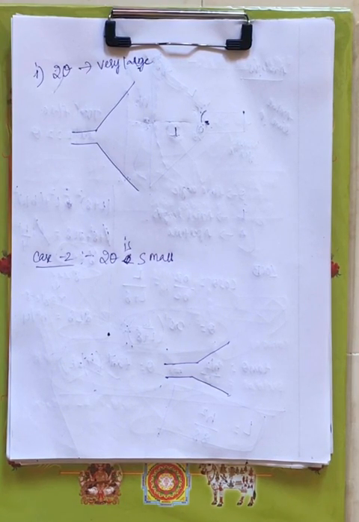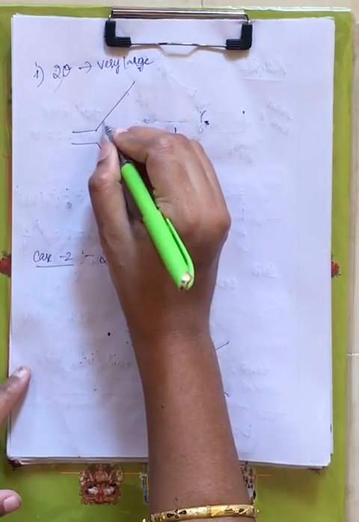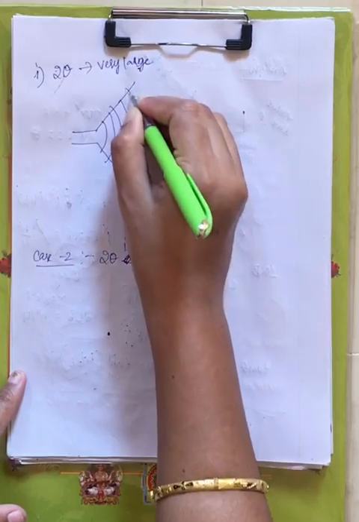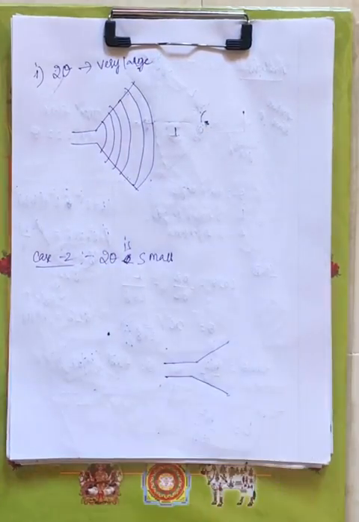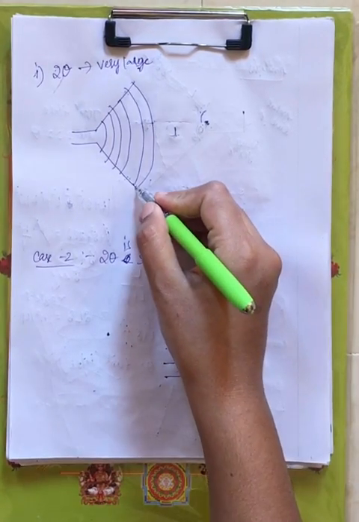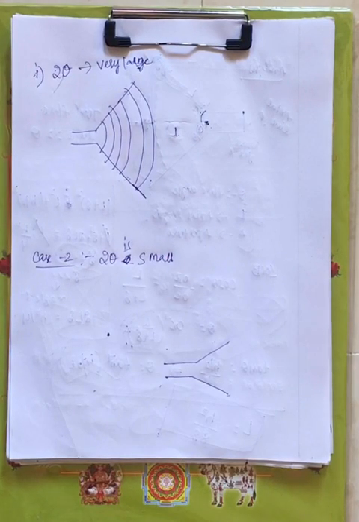Now if you see this figure, the flaring angle is very large. This will result in non-uniform phase distribution. If you see this, it will go like this. Because of this large flaring angle, there is a large wide opening.